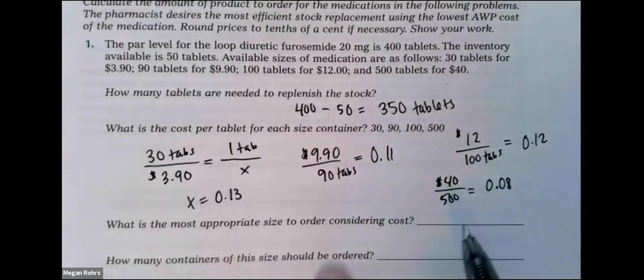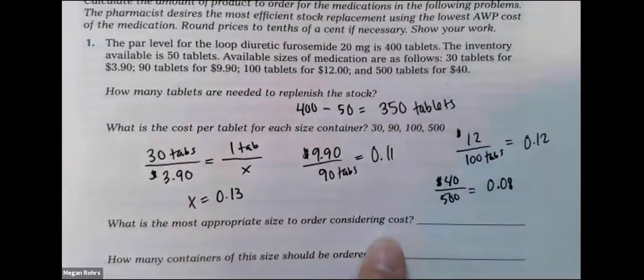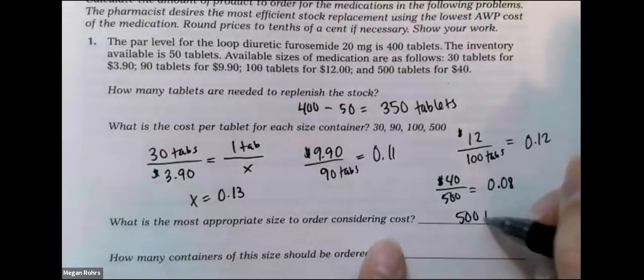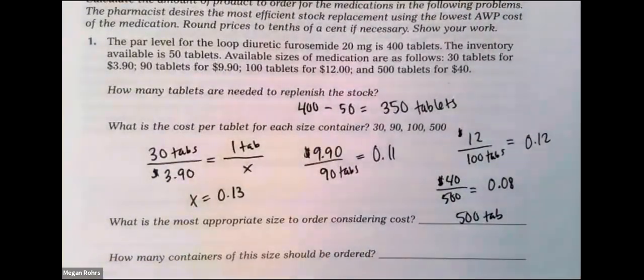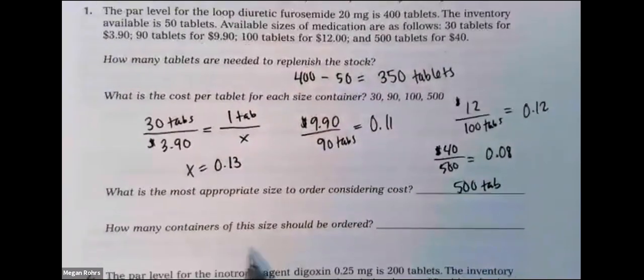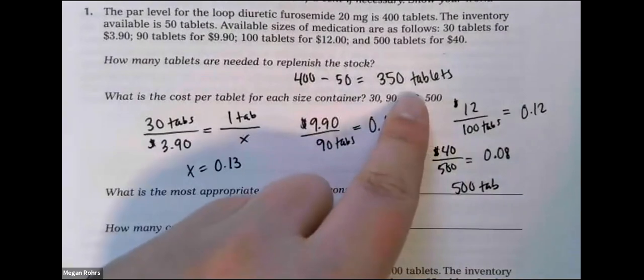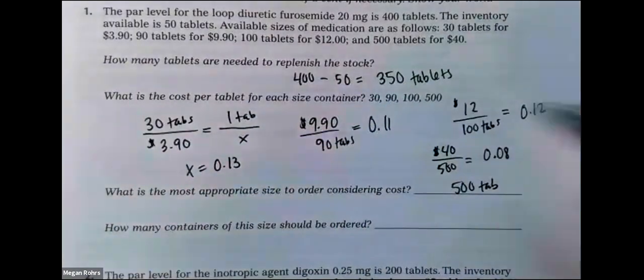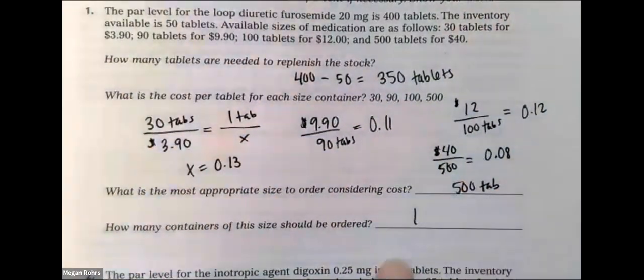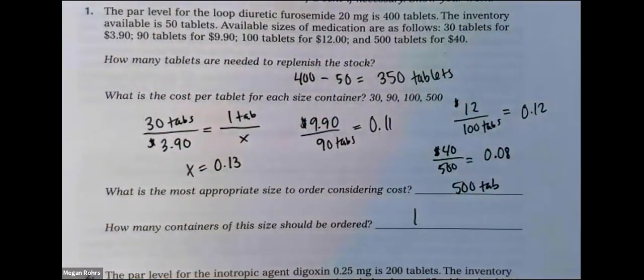So considering cost, we would get the 500 tablet bottle. Now, how many containers of this size should be ordered? Well, we only needed 350, so we're just going to order one bottle of the 500 count bottle because it's more than what we need, but we're getting a better deal on that.